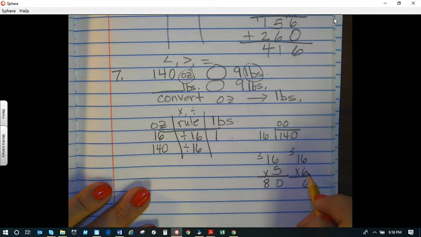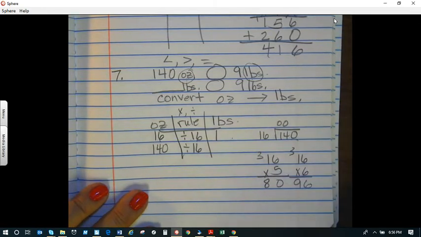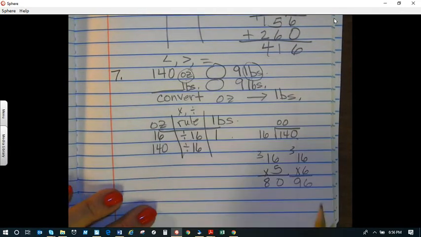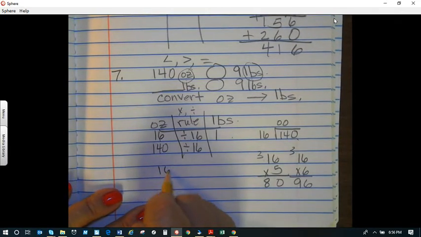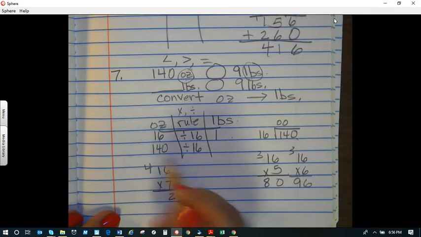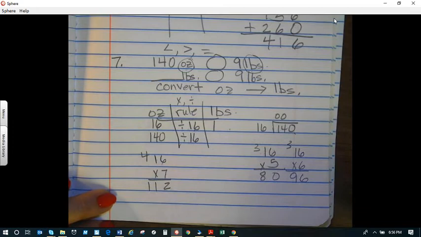Carry my 3. 6 times 1 is 6, plus 3 is 9. I can keep going. I'm going to move my other numbers over here because I'm running out of room. 16 times 7. 7 times 6 is 42. Carry my 4. 7 times 1 is 7, plus 4 is 11. I can keep going.